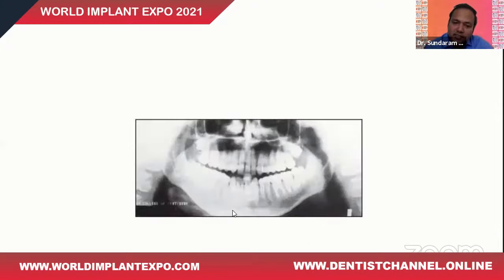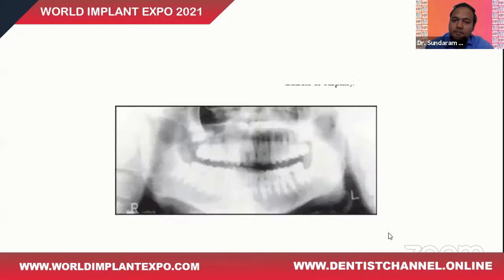Now, this is an image wherein you can see narrowed down anteriors of both the upper and lower, whereas broadened or magnified upper and lower posteriors. Even this image, although I'm very sorry for the clarity, depicts the same.